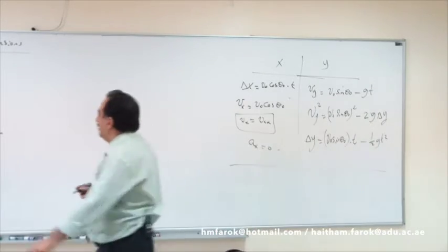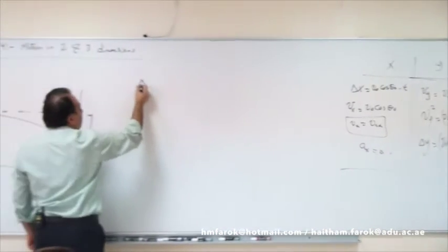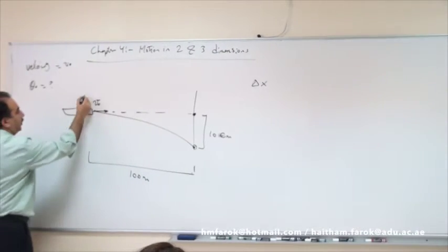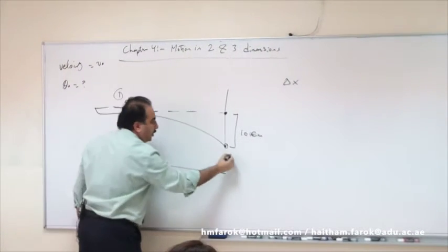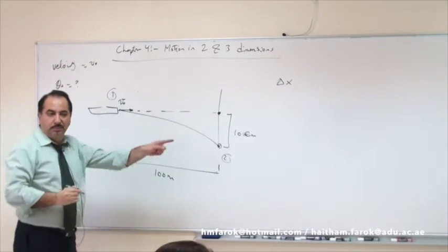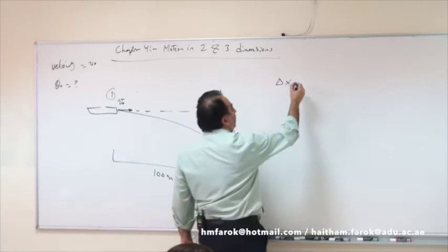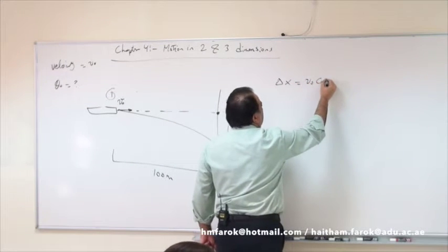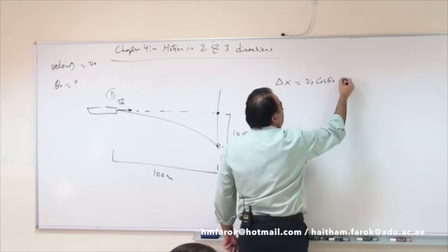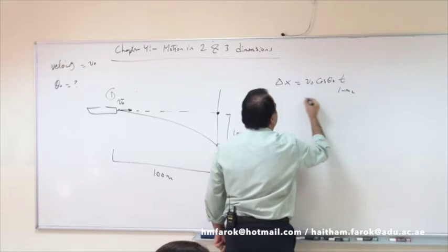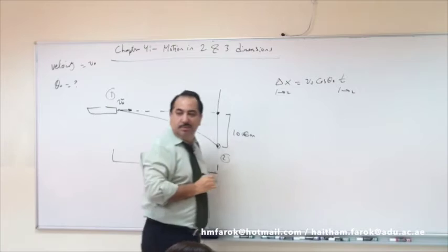So what we do here, we say delta x between point 1 and point 2 equals V naught cosine theta naught t from 1 to 2.